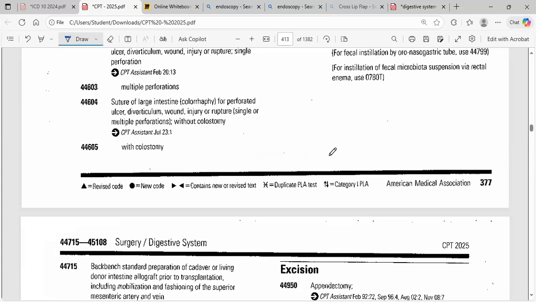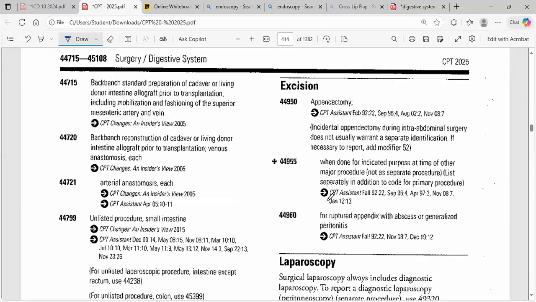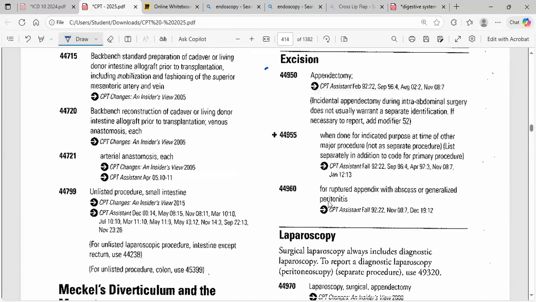Here we go, appendectomy. So for appendectomy, we have two sections, open and laparoscopic.